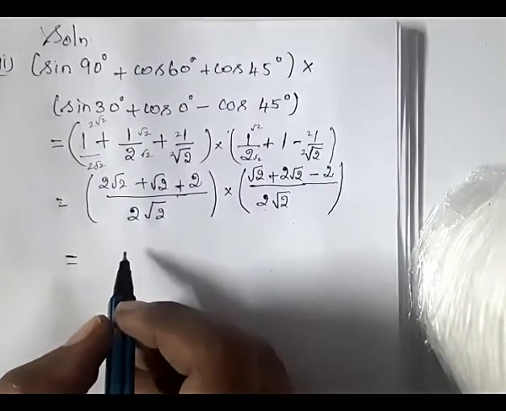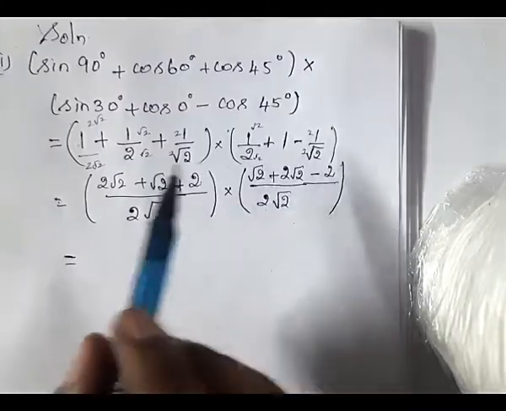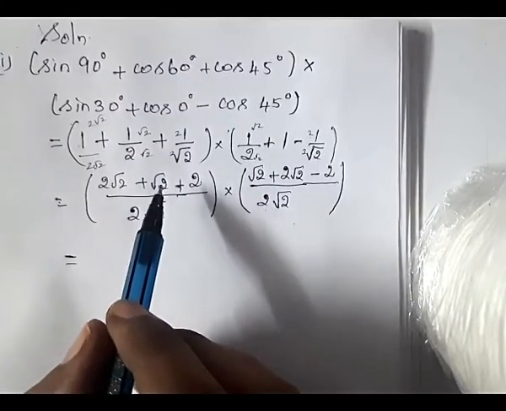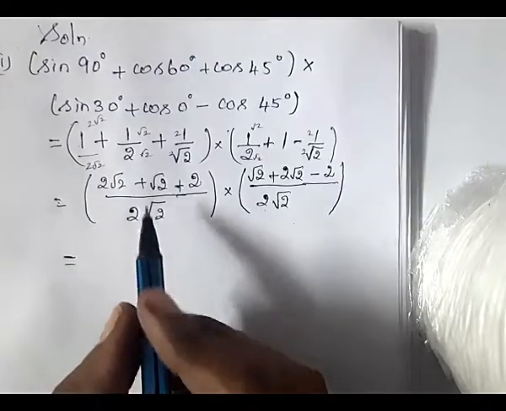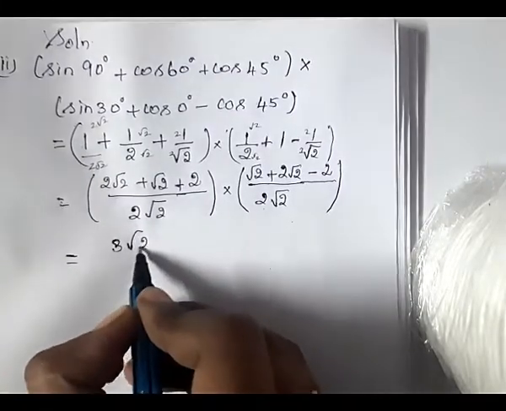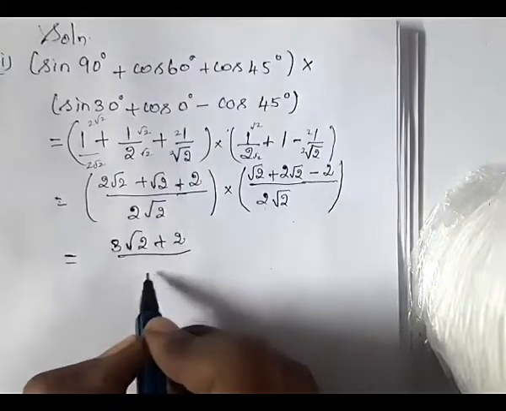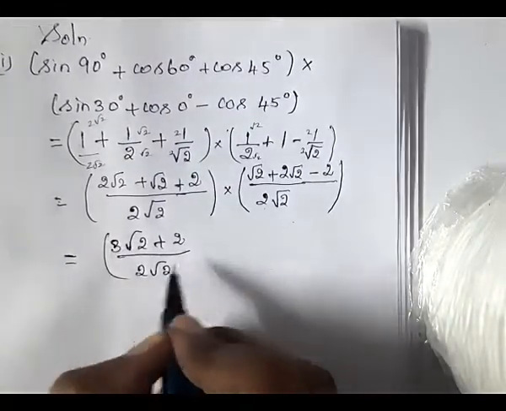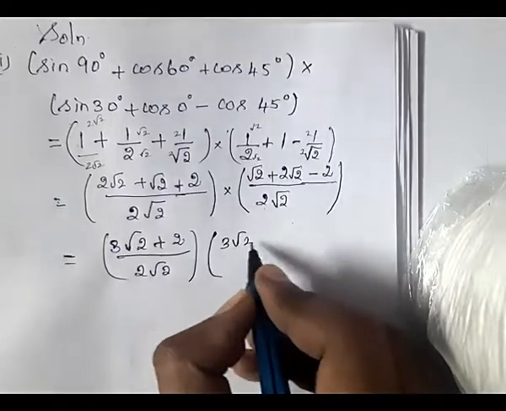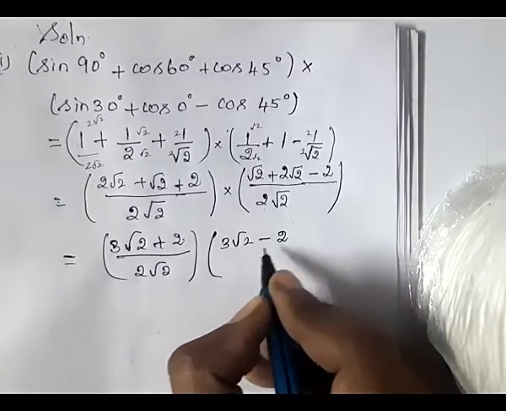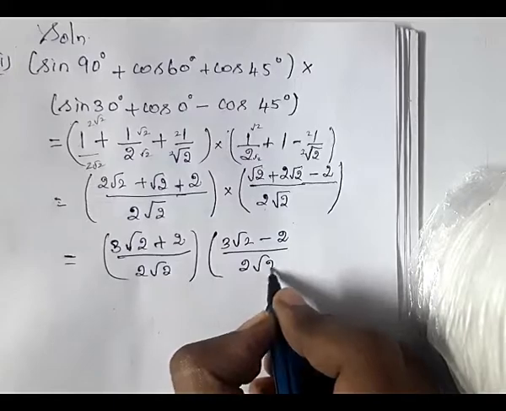That is equal to, look, already we did one problem like this in example. Add 2 root 2 and 1 root 2. That is 3 root 2 plus 2 by 2 root 2 into the same here, 3 root 2 minus 2 by 2 root 2.